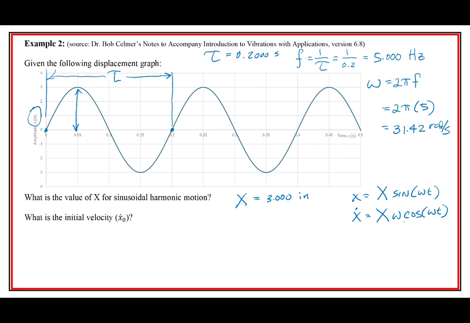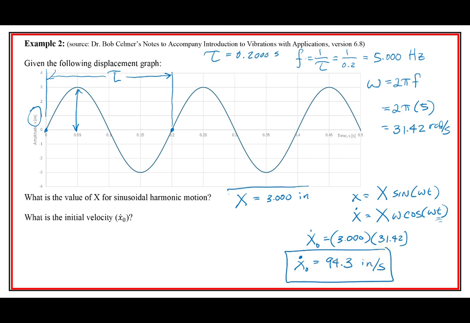So initial velocity is going to be, when t is equal to 0, we'll have 3 times 31.42. And so therefore x dot, let's put a dot, not a 0 up there, is going to be 94.3, and I didn't bother with the next sig fig, so assuming 3 sig figs is sufficient for an answer.